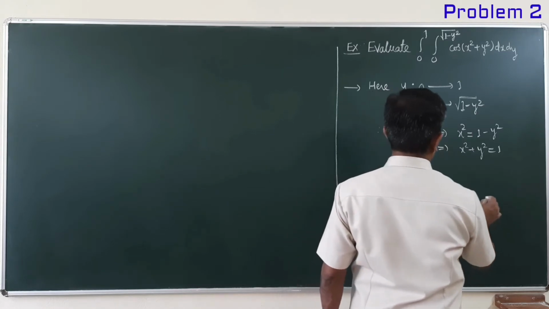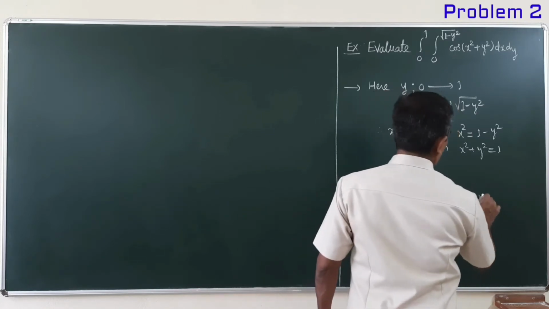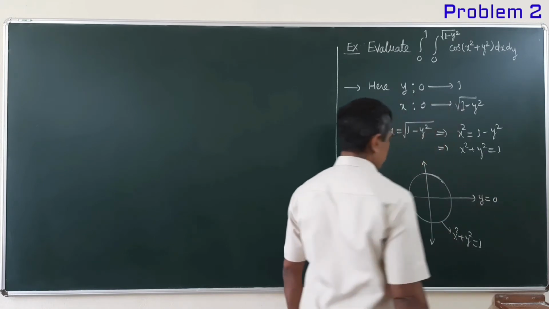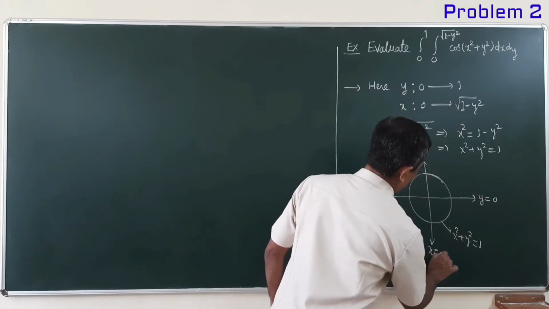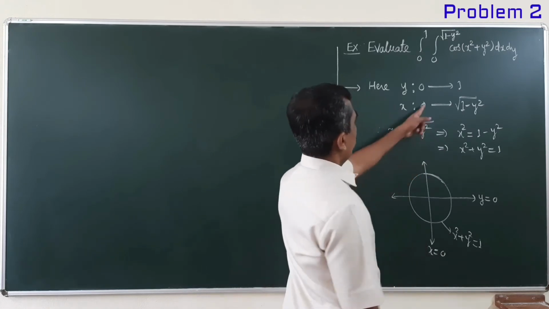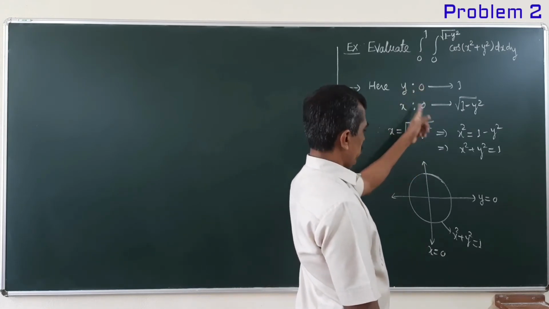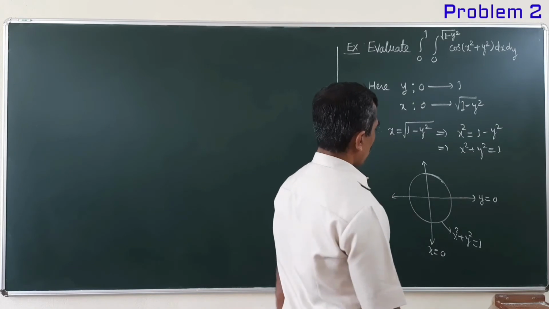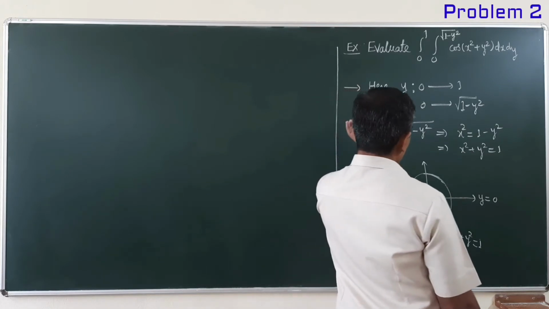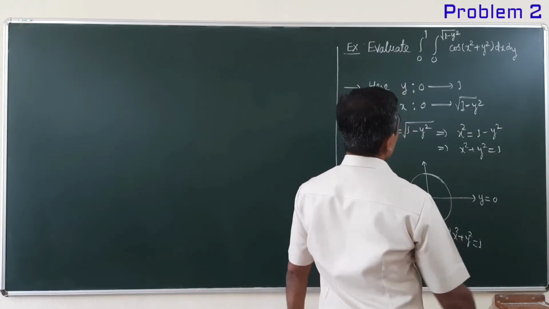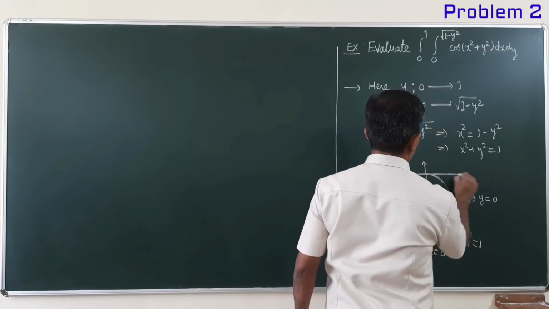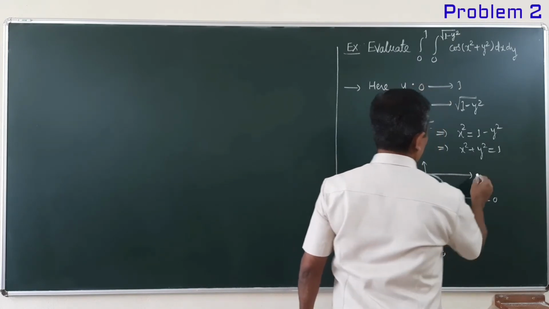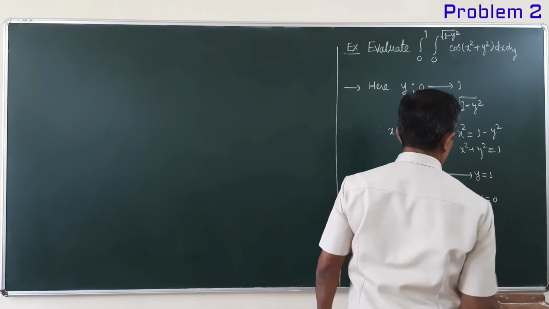This is your x axis, y is equal to 0, and this is x is equal to 0, the y axis. I have these two. Now, where is y is equal to 1? Y is equal to 1 is here. So this line is y is equal to 1.